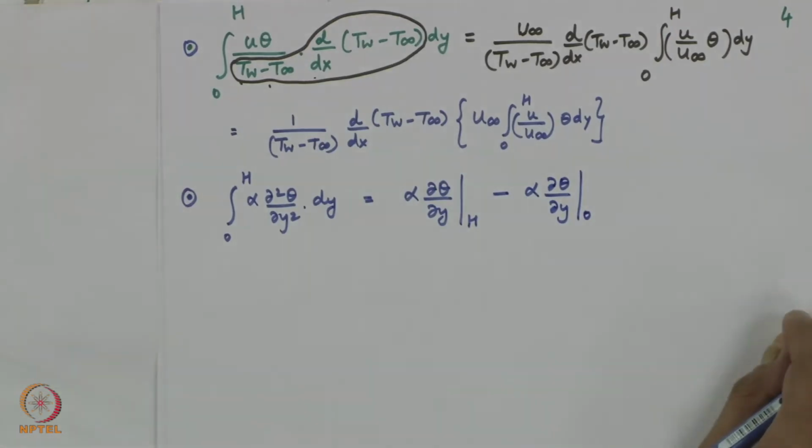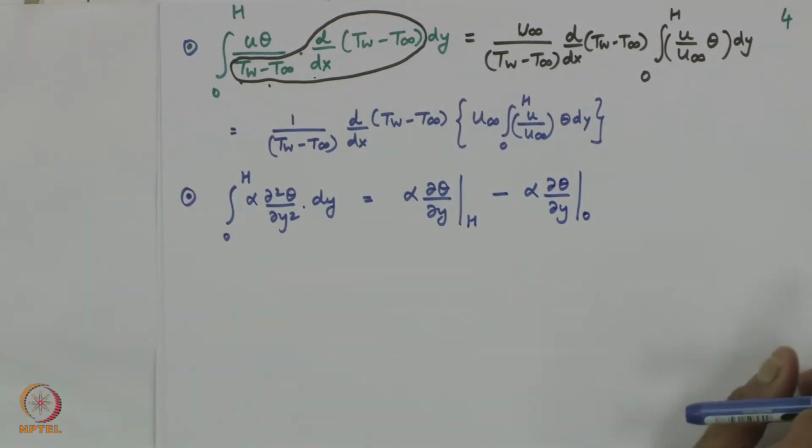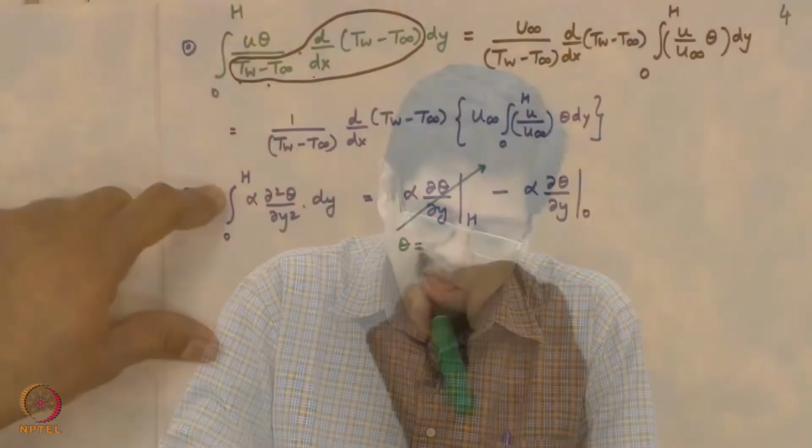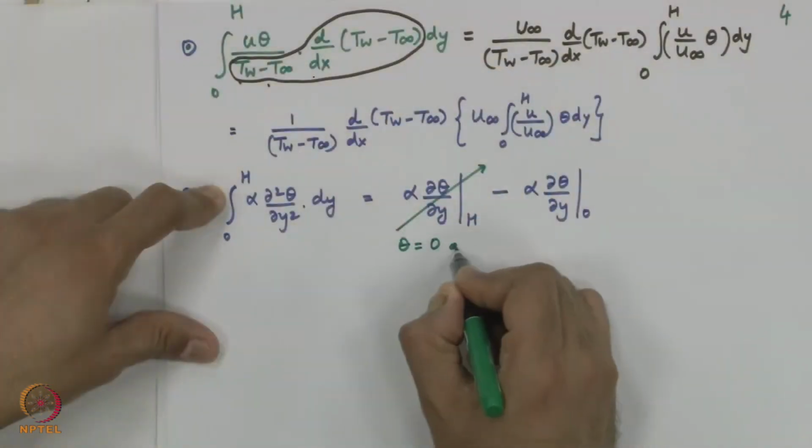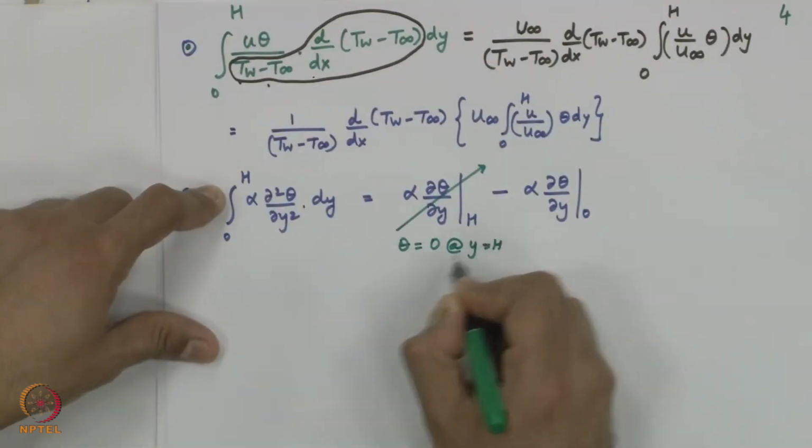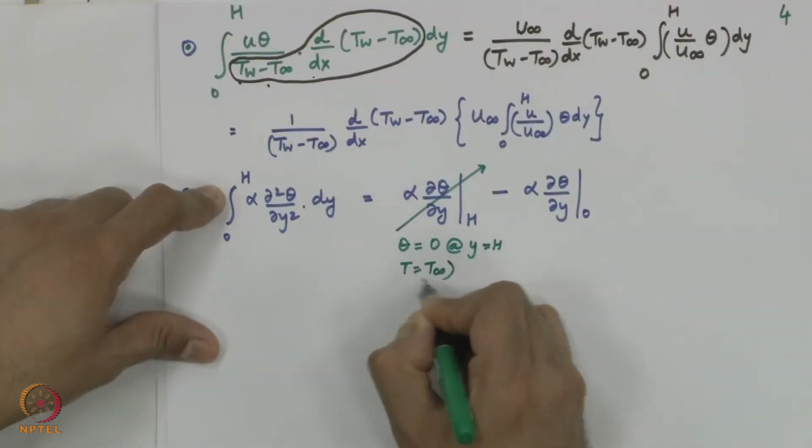What is this? This needs a little bit of explanation. What is the gradient at h, which is far away? 0. So, this term drops off because theta is equal to 0 at y equal to h, or T equal to T infinity. You can write both.